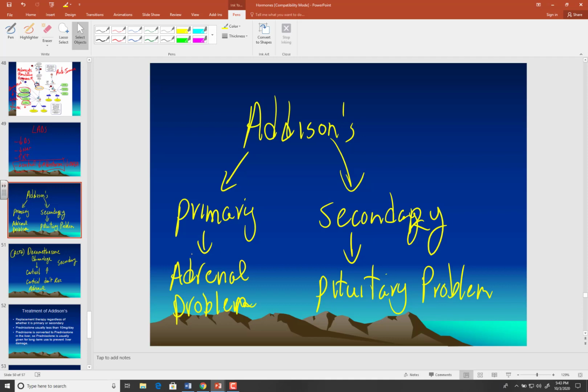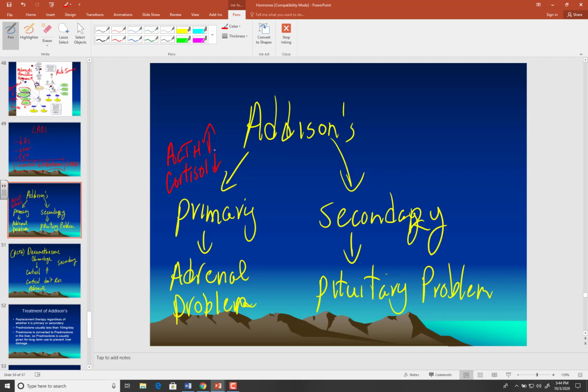Now, again, if it's a primary problem with the adrenal gland and the pituitary is fine, then if you draw an ACTH level and it's elevated, and the cortisol level is low, the pituitary gland is doing its thing, right?